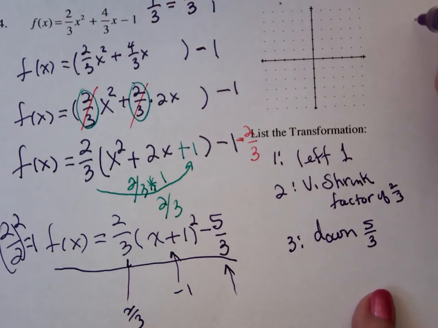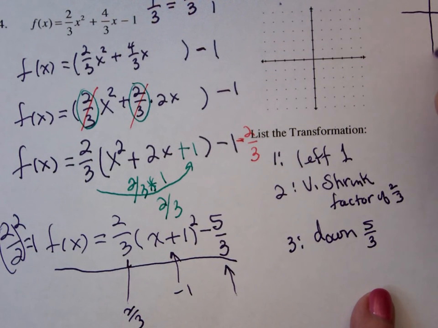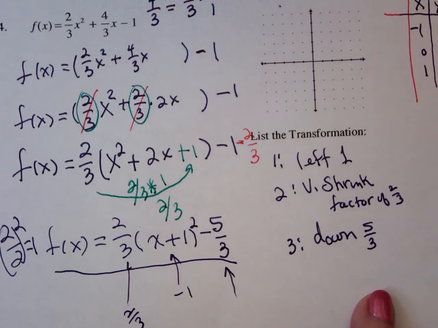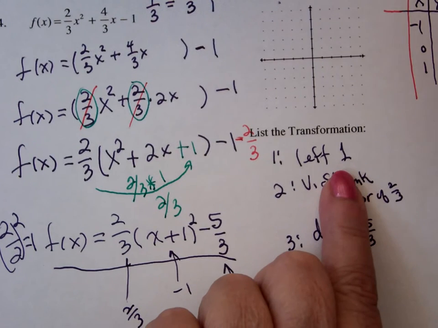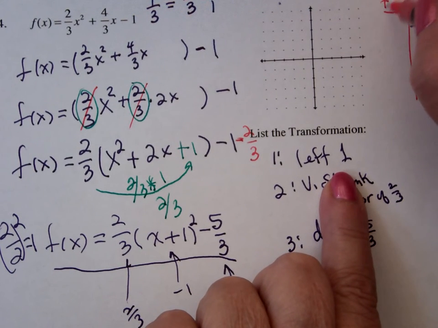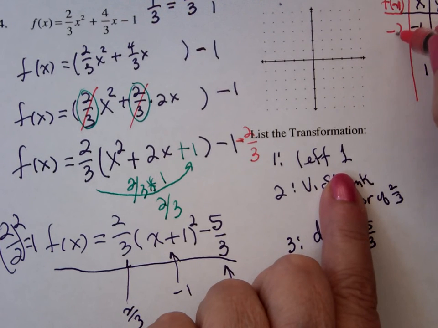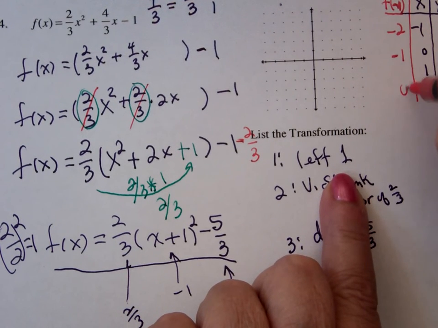So now if I want to graph this, it's x squared, that's the basic: negative 1, 1, 0, 0, 1, 1. I'm going to go left, so I'm going to add negative 1, which gives me negative 2, negative 1, and 0.